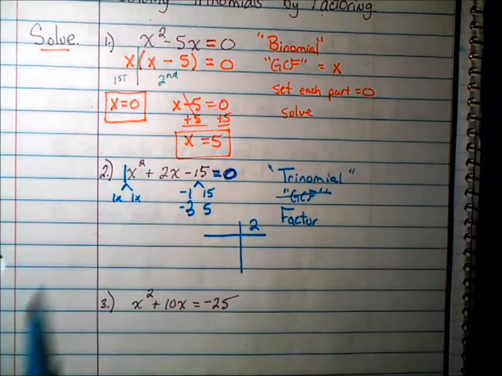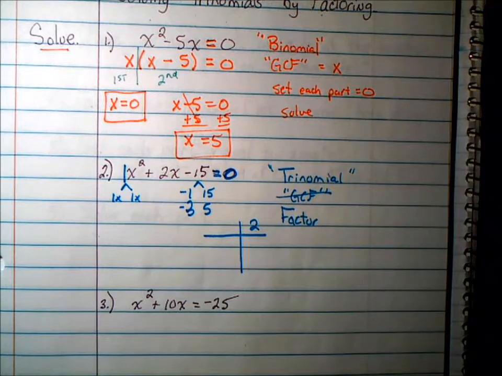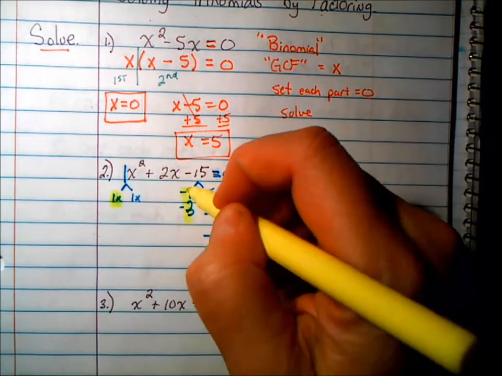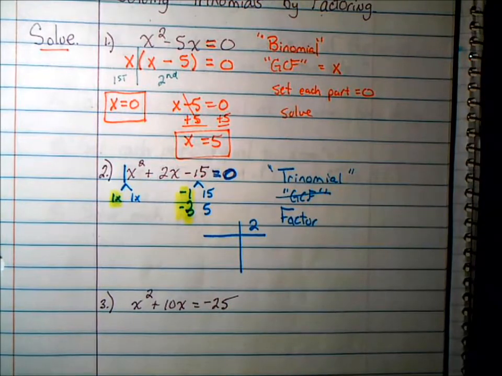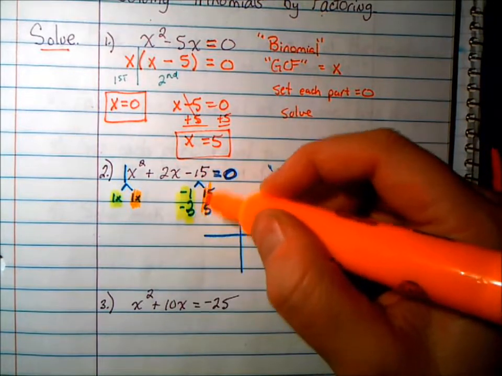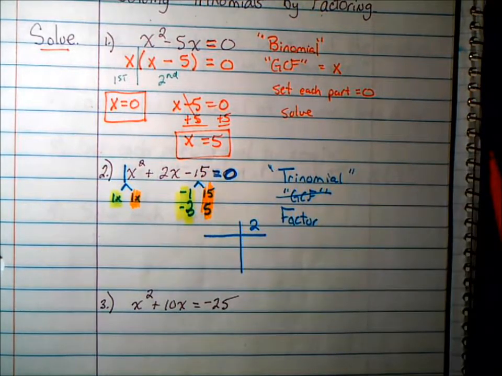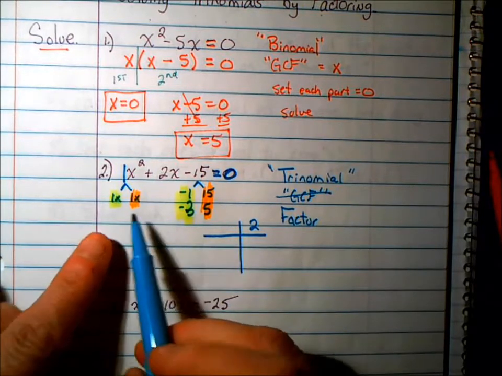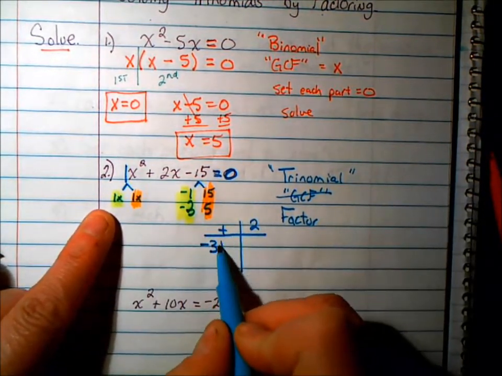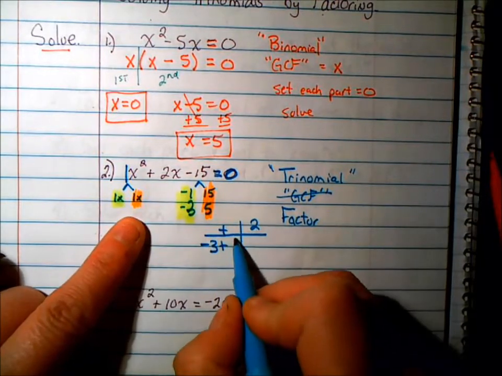And remember, I multiply my columns. Let me get my highlighters. The first column I was highlighting with yellow, and the second column I believe I'll highlight with orange. Maybe that won't black out my values. So I'm going to have 1 times negative 3 is negative 3. And remember, I'm adding these. 1 times 5 is 5.